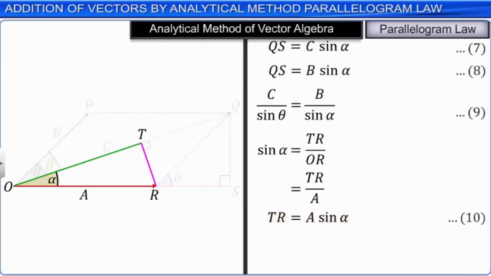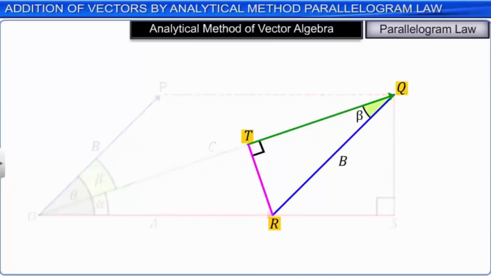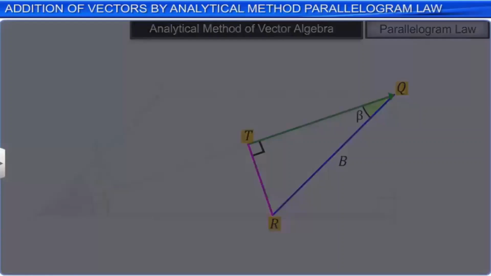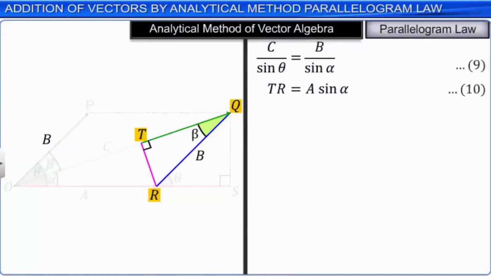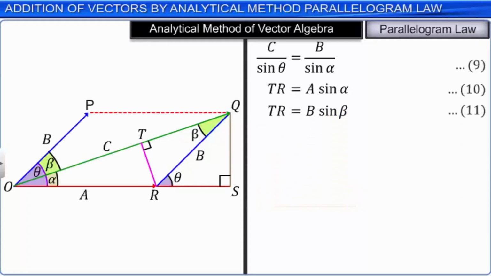From triangle QRT, we can write sin beta is equal to TR by QR, which is equal to TR by B. TR is equal to B sin beta. Let this be equation 11. Equating 10 and 11, A sin alpha is equal to B sin beta. A by sin beta is equal to B by sin alpha. Let this be equation 12.